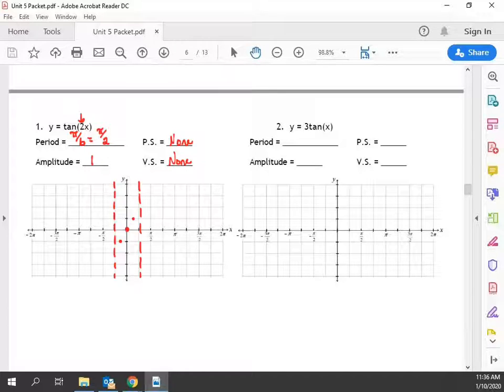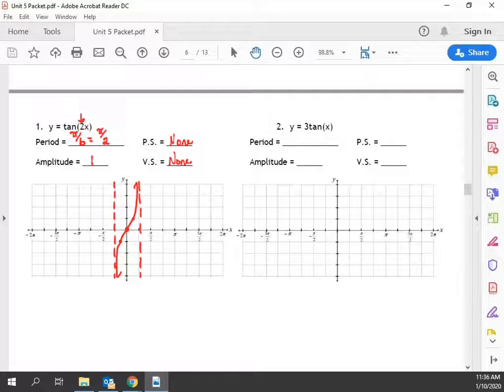Now guys, I only went up one line and down one line because what's the amplitude? It's 1, so you only have to go up 1. That's it. You don't have to repeat any more period. That's 1. 1 is good enough for me, okay?